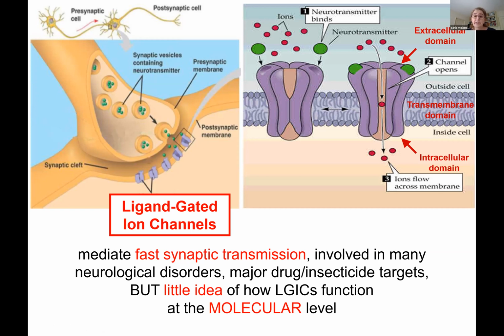So they're very important, but they're very complex nanomachines, and we have little idea of how these ligand-gated ion channels, because they are ion channels activated through the binding of ligands, act and behave at the molecular level.